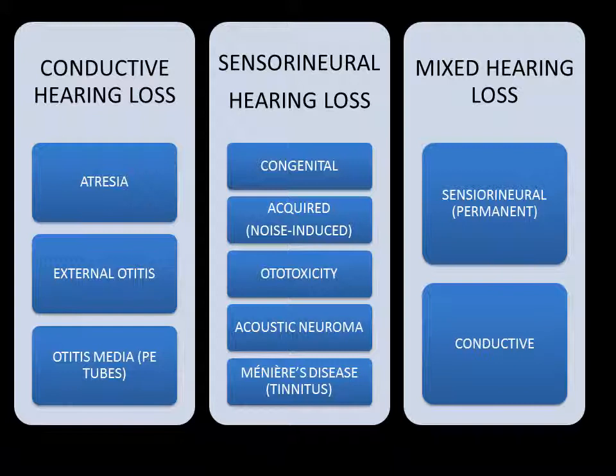If the problem persists, the fluid, along with the dark and warm environment of the middle ear, creates an environment for bacteria or infection. You see this a lot in little kids, babies: they develop what's known as ear infections. The fluid has become infected, and they can get a fever and have pain.